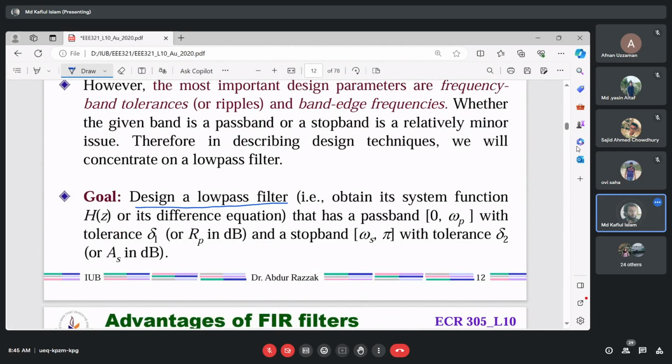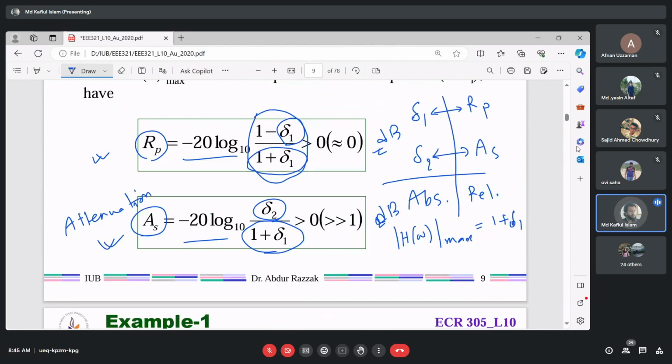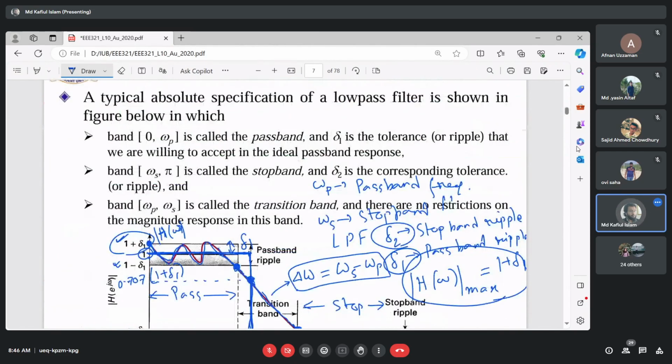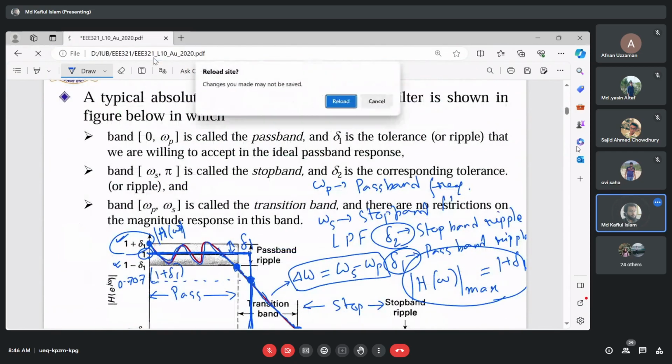That means obtain its system function or its difference equation, or its frequency response H of omega, with a passband 0 to omega p and stop band omega s to pi, with a tolerance delta 1 in the passband and delta 2 in the stop band. This is exactly what we have said here.